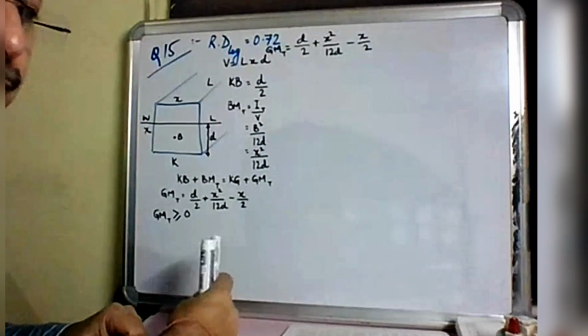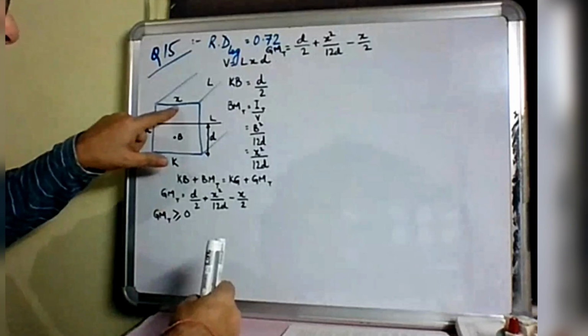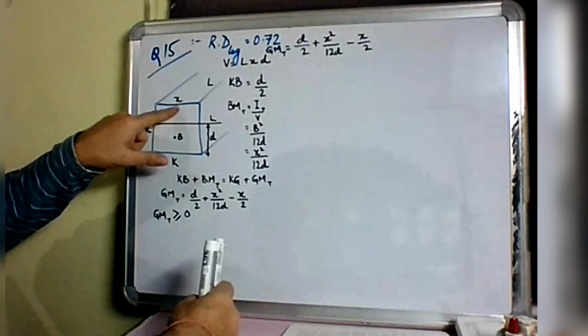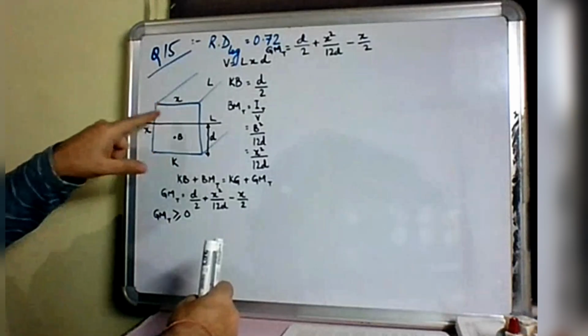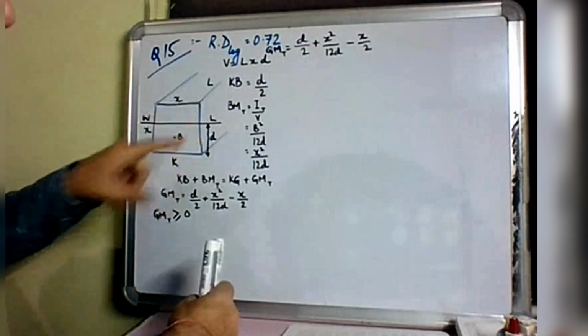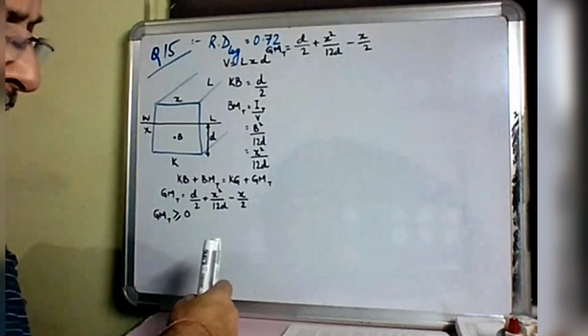सर x क्या है? One side of the square. सर वो तो सर जब the breadth, ओके सर one side of the square is x. So ये भी x हो गया, ये भी x हो गया, ये भी x हो गया. ये KG को सर x by 2, can you just explain that part, sir?